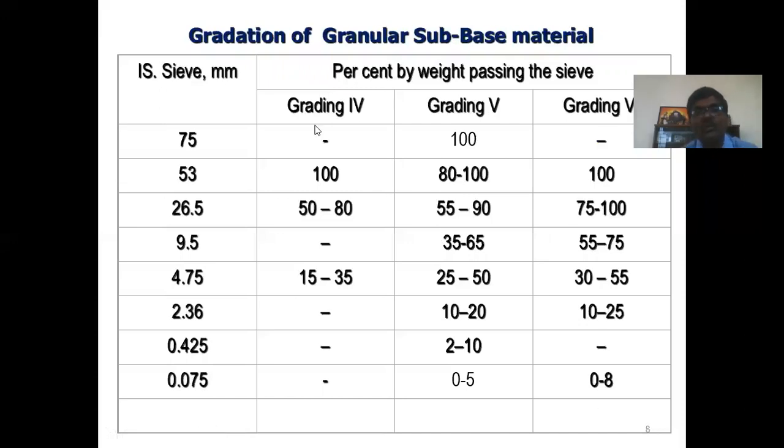What you have to observe in the gradation is, there are some sizes missing here. You know that GSB is essentially a drainage layer, so need to have more voids for better permeability.